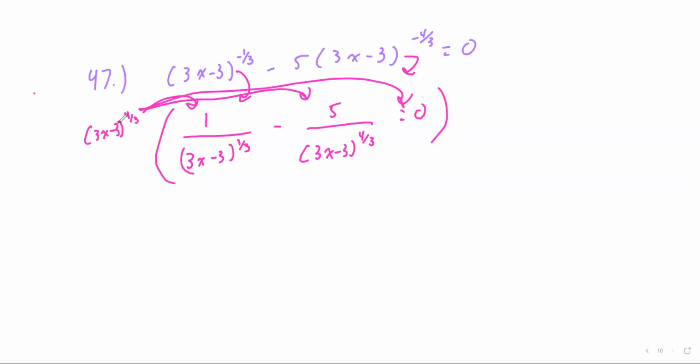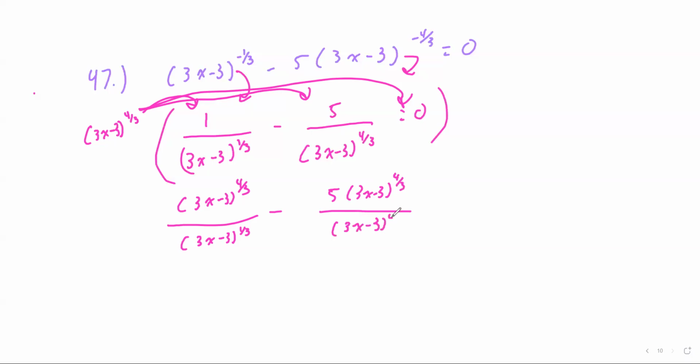So 1 times this would look like 3x minus 3 to the 4/3 over 3x minus 3 to the 1/3, minus 5 times 3x minus 3 to the 4/3 over 3x minus 3 to the 4/3. Now I'm doing this just so you can see it.